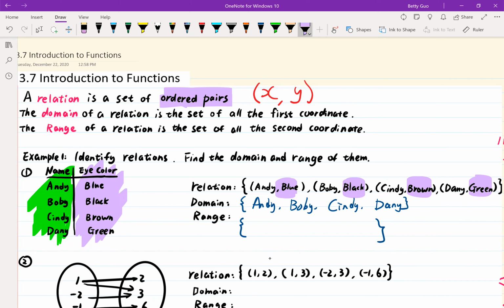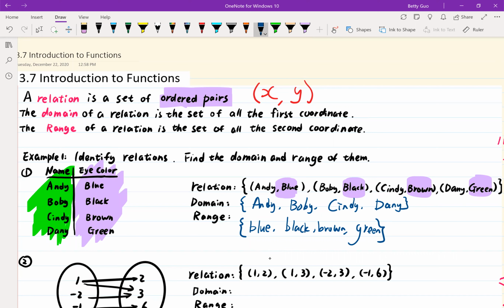We can write the range as blue, black, brown, green. So that's the relation in this example, and the relation's domain and range. Any questions?